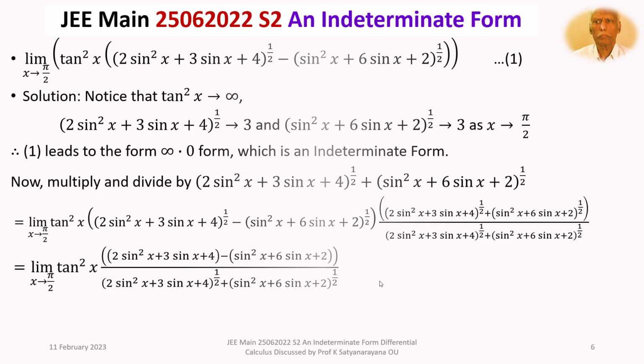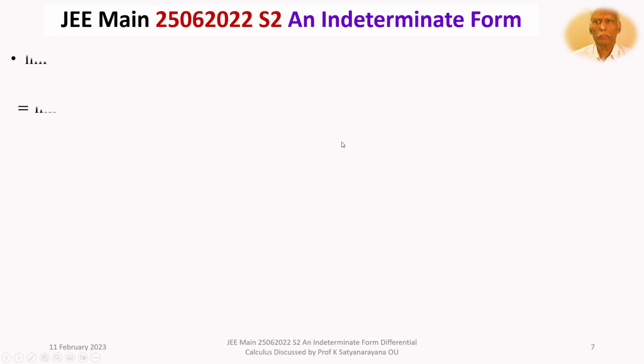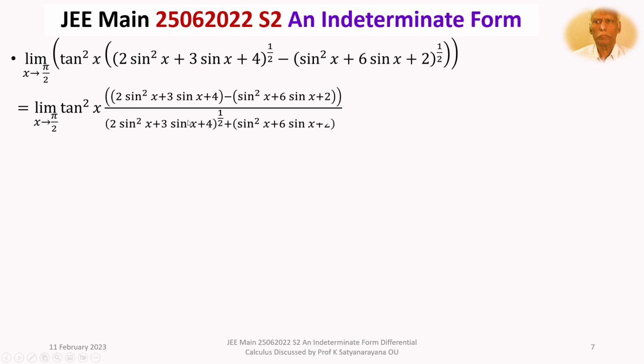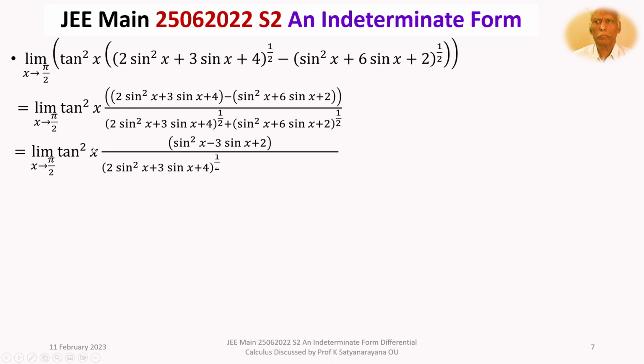We continue in the next slide. This is what we have done so far. Now in the numerator, 2 sin square x minus sin square x is sin square x. 3 sin x minus 6 sin x is minus 3 sin x. Plus 4 minus 2 is plus 2.